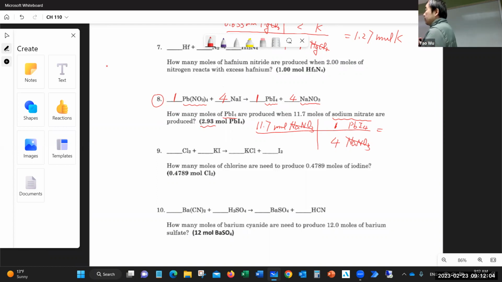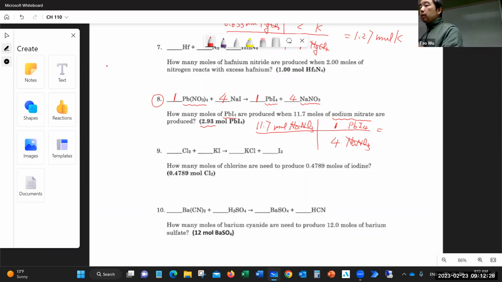Okay, so this is what we talk about. This is the backbone for stoichiometry. The reason is in the future, Unit 3, Unit 4, we're still going to use stoichiometry. Even in the lab, we're going to use stoichiometry. That's because stoichiometry does have different kinds of variation, but the fundamental part is just a mole to mole ratio.